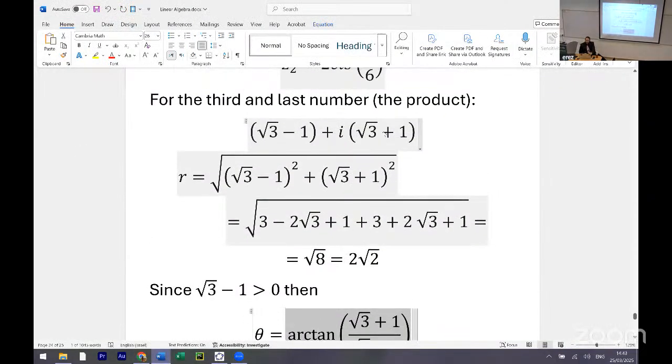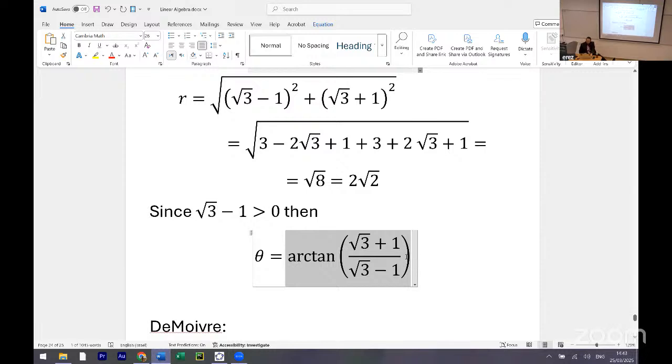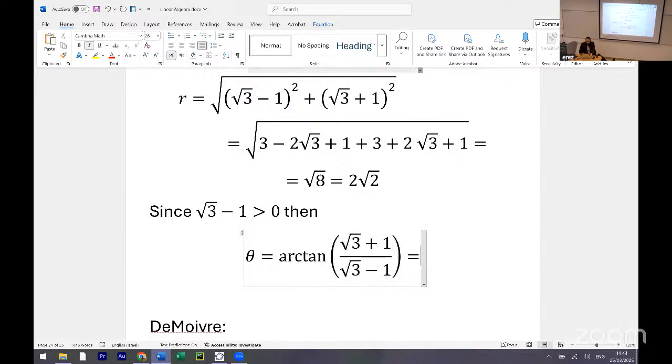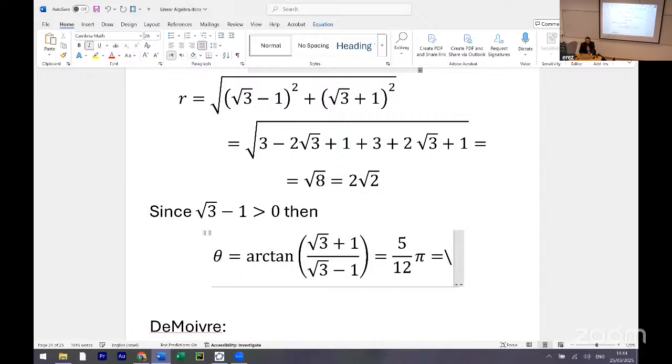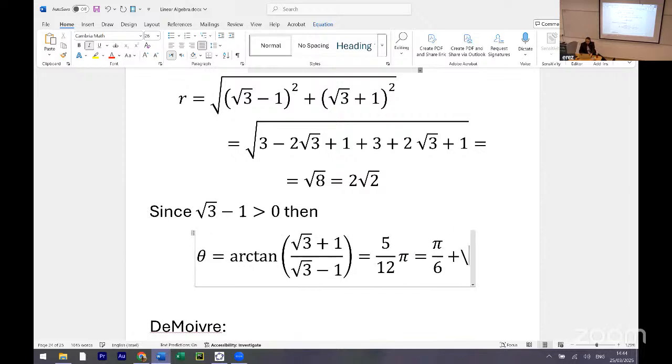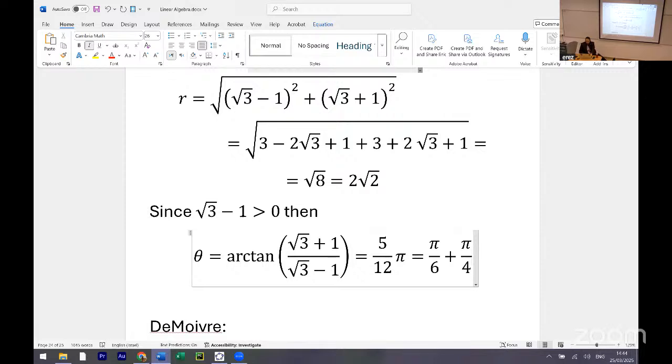I think 45 plus 30 is a bit easier in degrees, right? Because pi over 4 was 45 degrees and pi over 6 was 30 degrees, and the summation is 75 degrees. But for us, radians are the way to go. So it's 5 over 12 pi, which is exactly, not surprisingly, pi over 6 plus pi over 4.